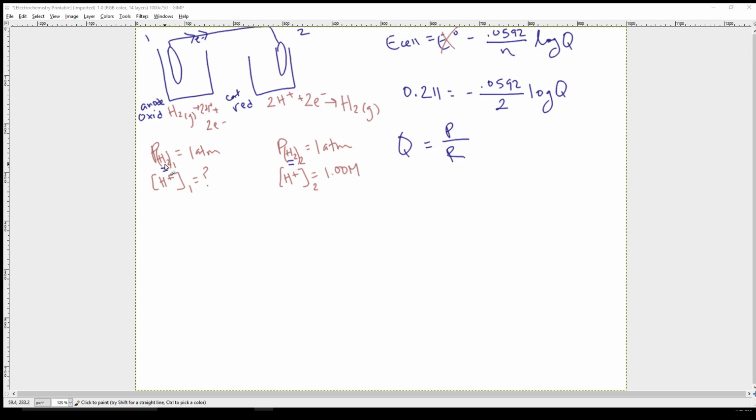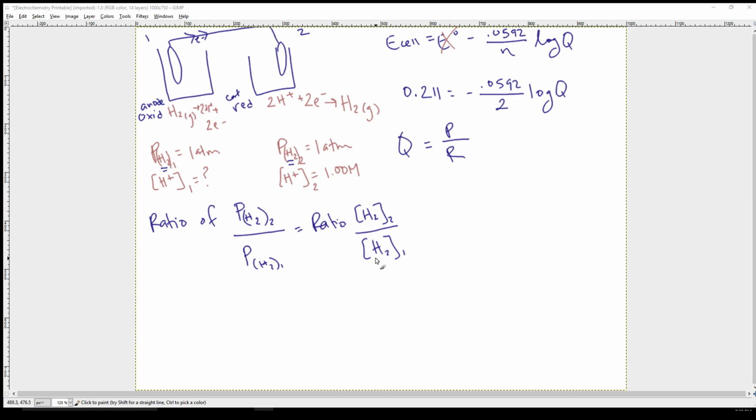The ratio of these pressures is equal to the ratio of their concentrations. Let me write that. The ratio of the pressure of hydrogen in cell 2 to pressure of hydrogen in cell 1 is equal to the ratio of the concentrations of these guys.